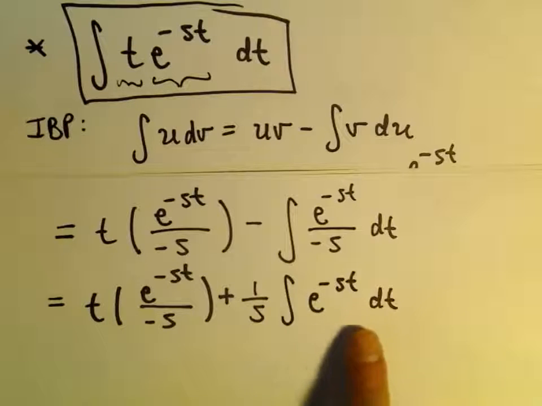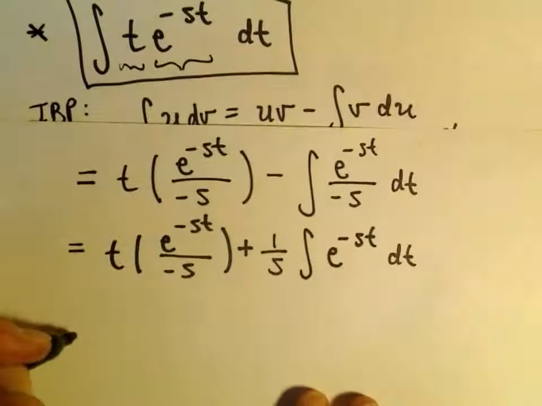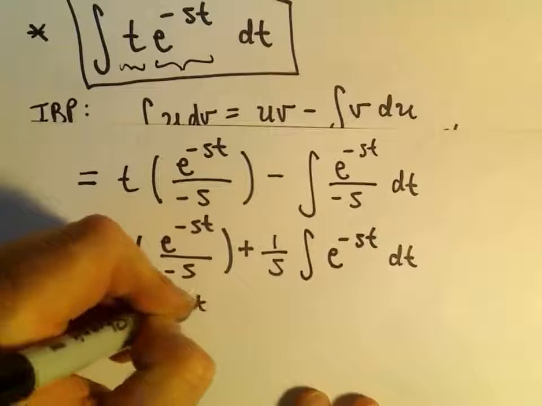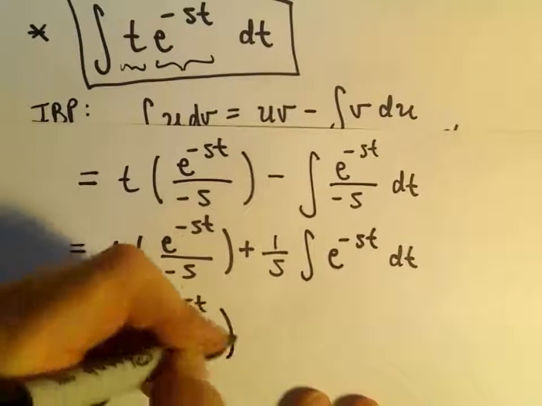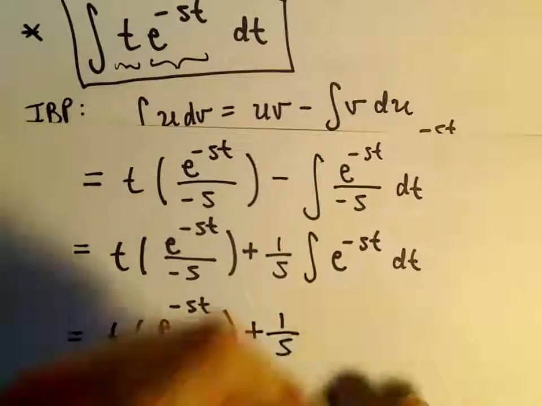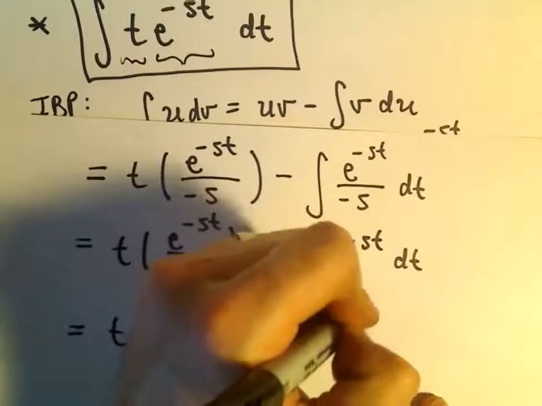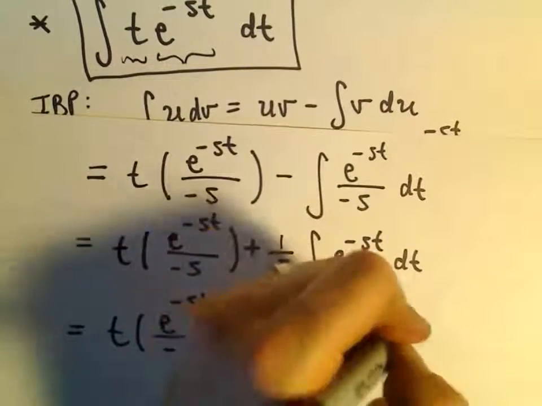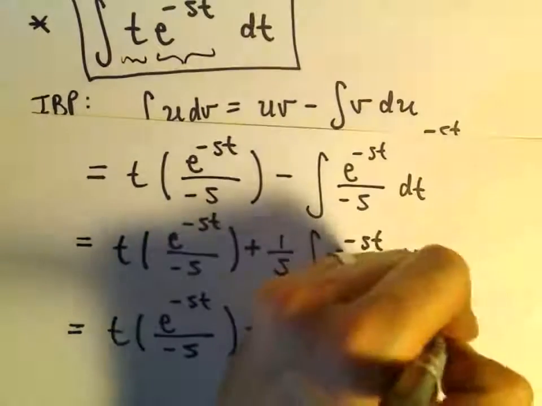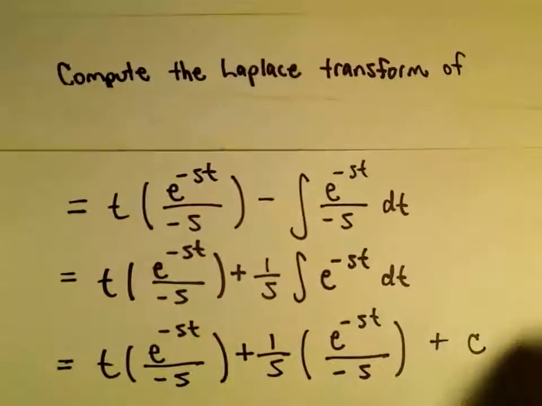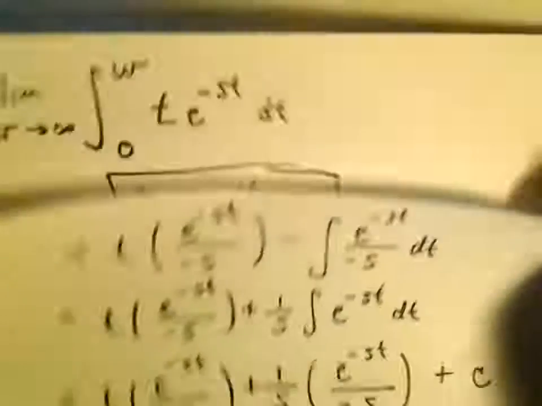So the idea is you do a u substitution to integrate this. So, our t e to the negative st over negative s, we'll just drop that part down. There's our 1 over s that was out front. And we said if you integrate e to the negative st, you'll get e to the negative st over, again, negative s. Normally we get plus c, but we're going to go back to our fact that we were originally doing a definite integral anyway.